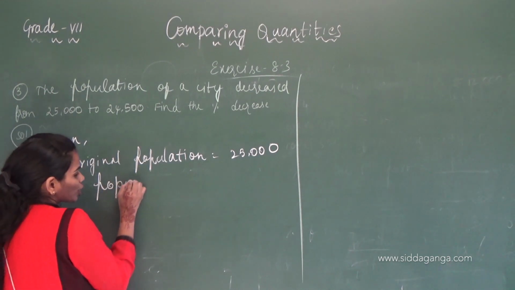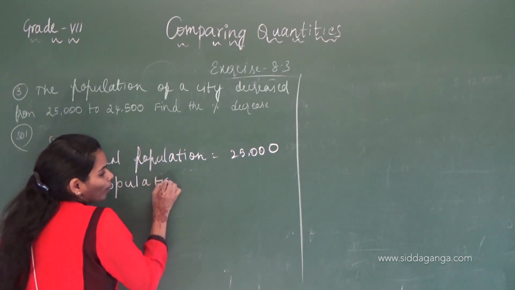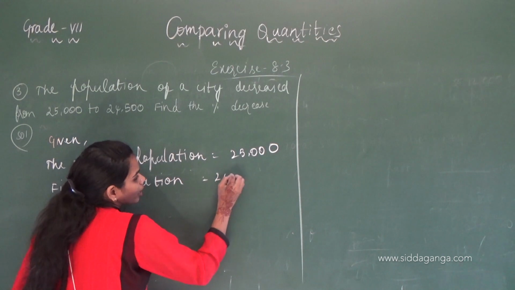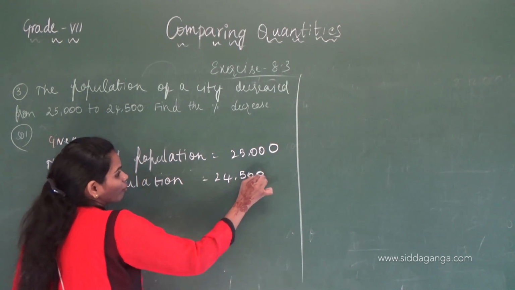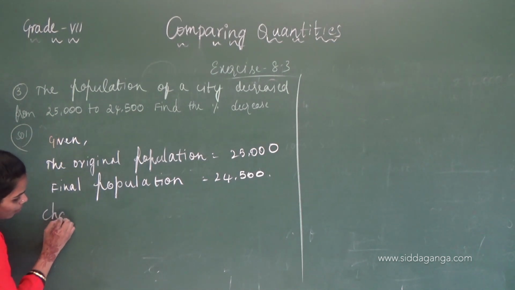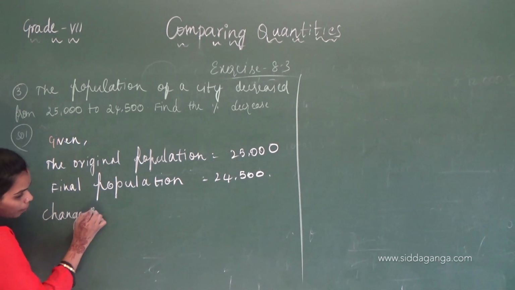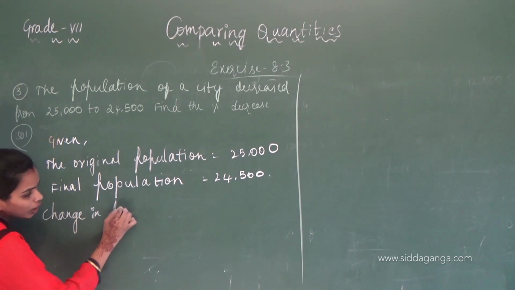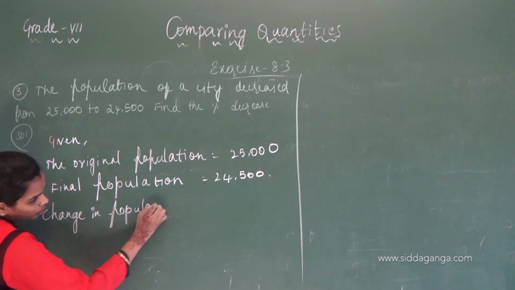Next, the final population. What is the final population they have given? 24,500. Next, the change in population.